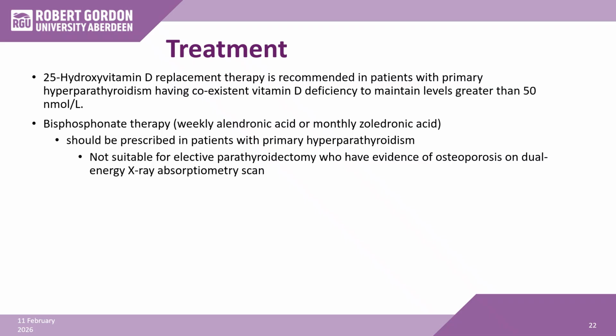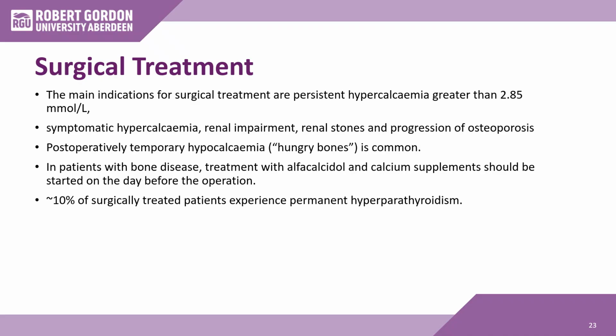So if that is confirmed, then they will be given the medications and not be candidates for surgery. Again, surgical treatment, the main indication for surgical treatment is persistent hypercalcemia of greater than 2.85 millimoles per liter, and if they have symptomatic hypercalcemia, renal impairment, renal stones, and progression of osteoporosis.